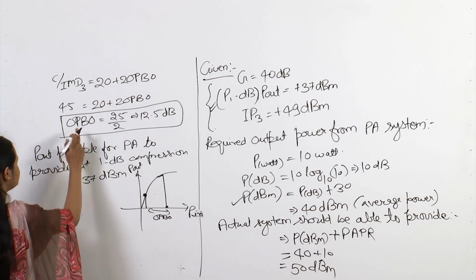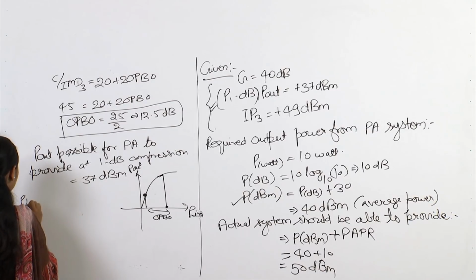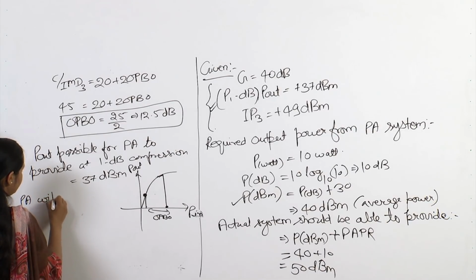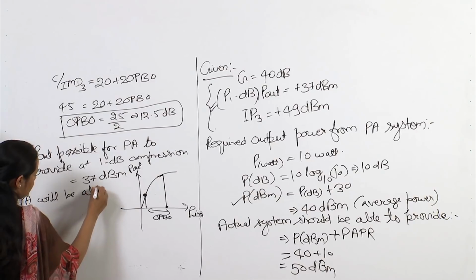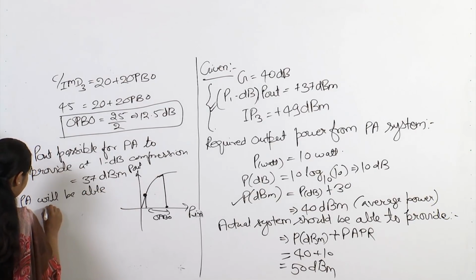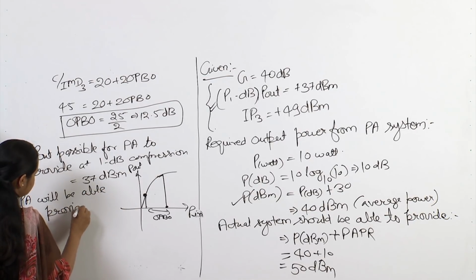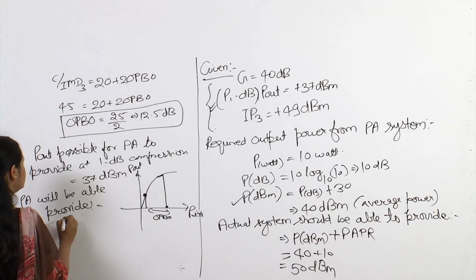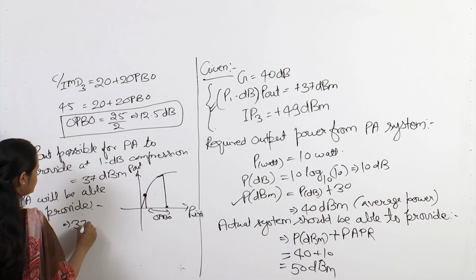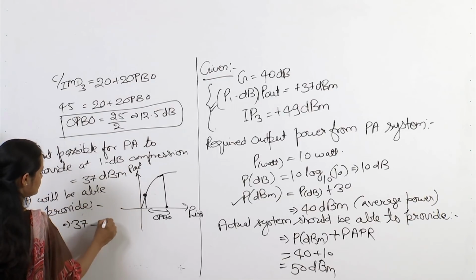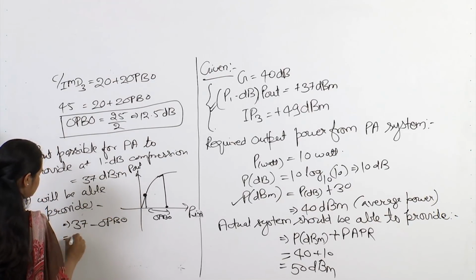So, for this calculation, the PA will be able to provide 37 minus OPBO, minus 12.5.